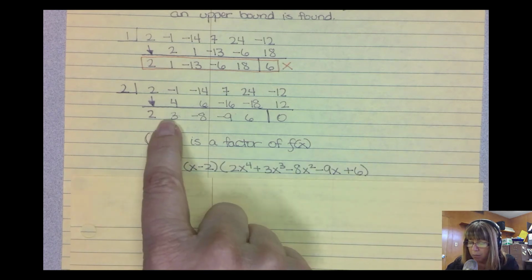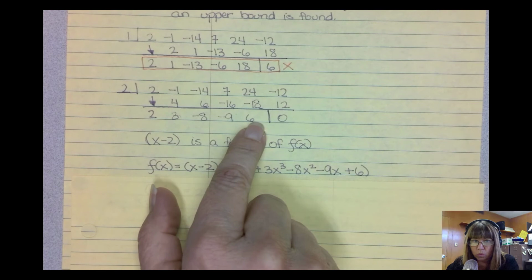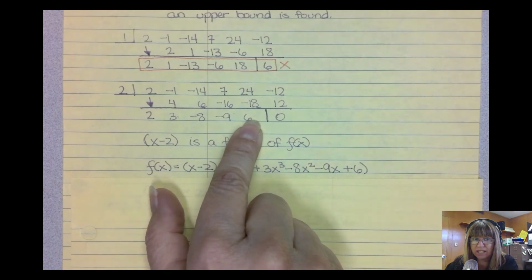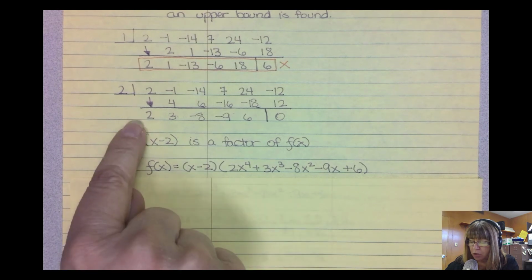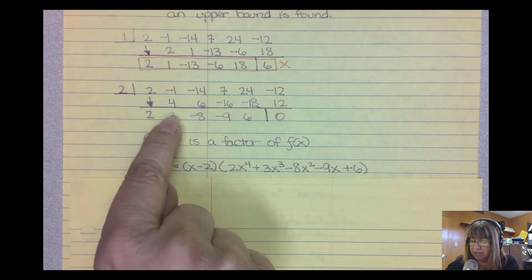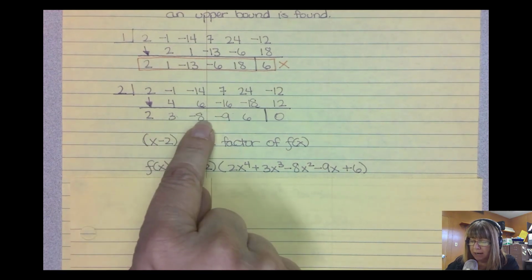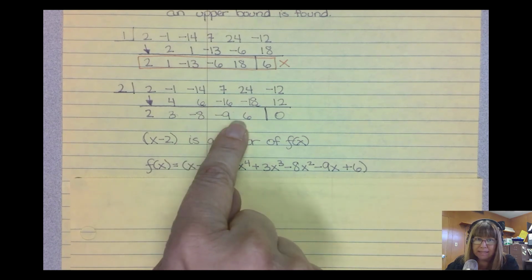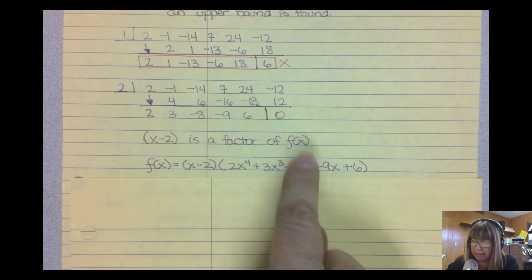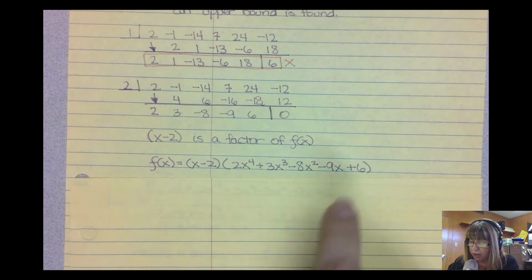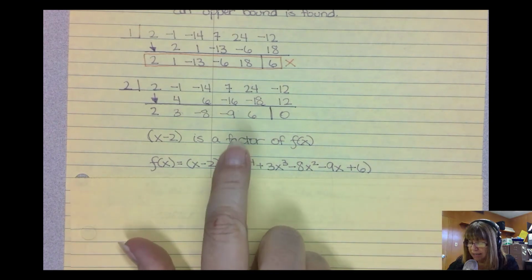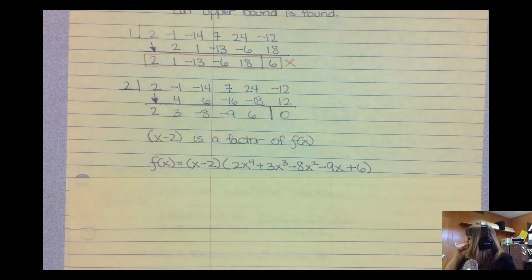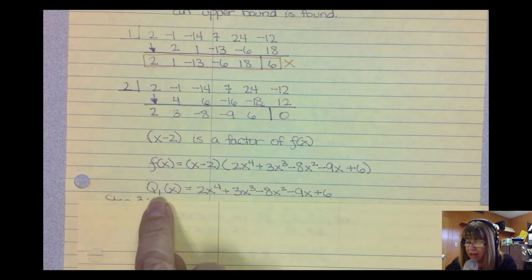And this bottom row tells us what our depressed function is. So x minus 2 times 2x to the 4th plus 3x cubed minus 8x squared minus 9x plus 6 is our new function we're going to be working on. Taking this new function, we have our new depressed function.